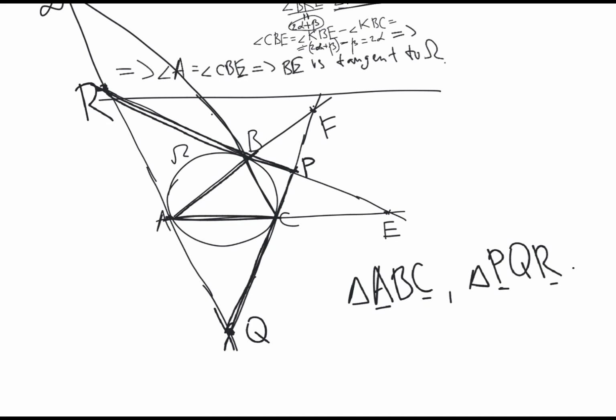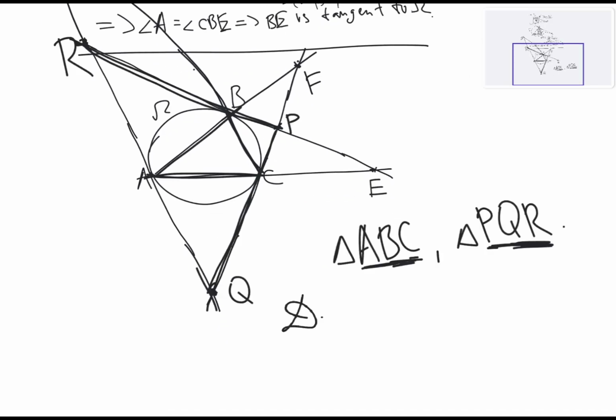And D is the intersection point of BC and RQ. What we need to prove is that D, E, and F lie on a single line. Obviously, this is the setting of the Desargues theorem.